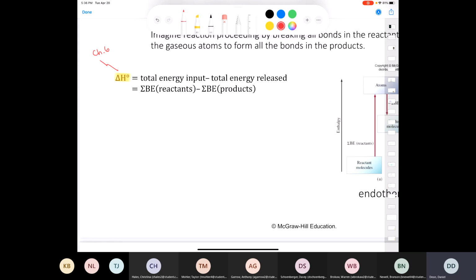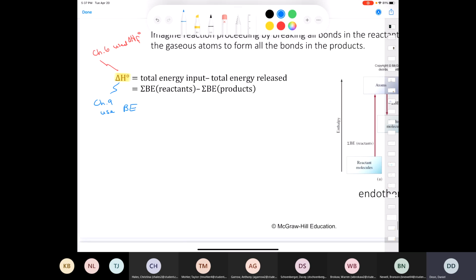However, in chapter 6, you used heats of formation, delta HFs, in order to calculate the change in enthalpy. In chapter 9, which is where we are right now, we're going to try using bond enthalpy, the amount of energy it takes to break a bond.